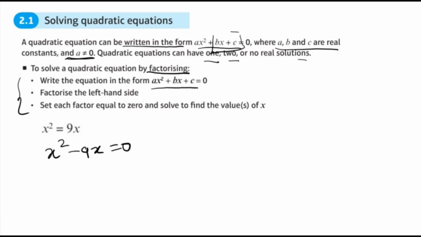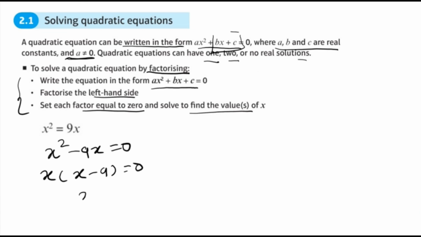I have to move everything to the left hand side and write equal to 0. Then factorize the left hand side. Now to factorize, we already did this in the first topic. I have to take x common, so I will get x times x minus 9 equals 0. Then set each factor equal to 0 and solve to find the value of x.